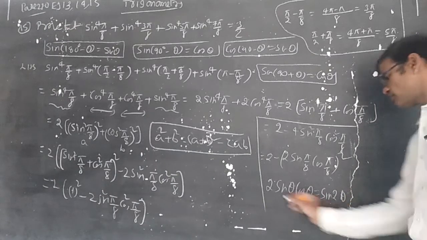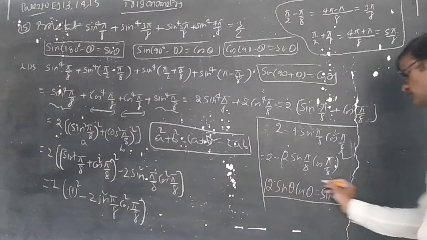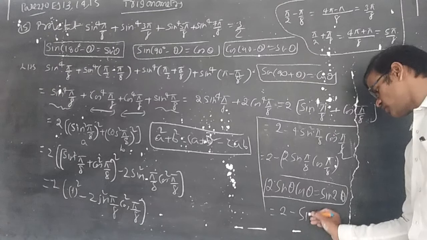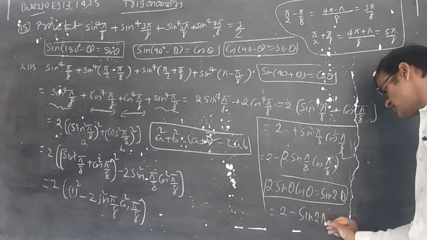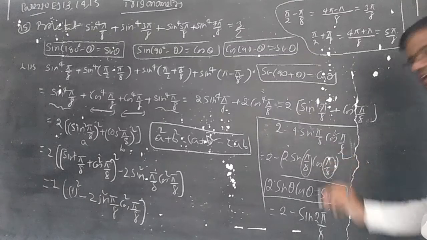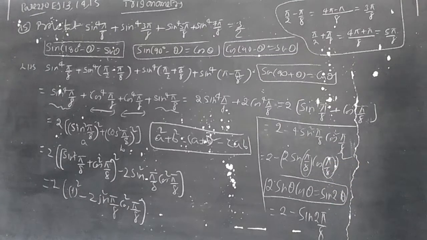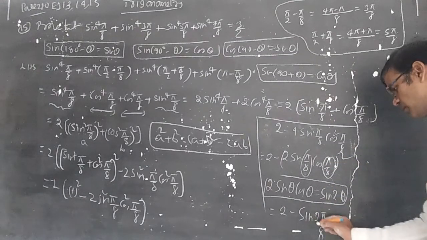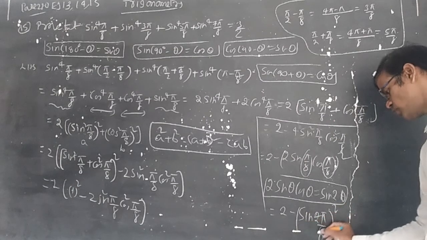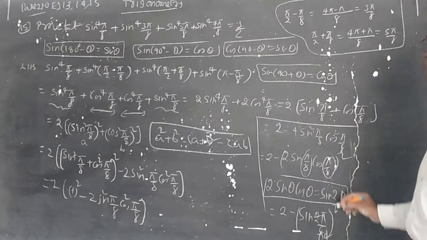In terms of A, 2 sin A cos A is equal to sin 2A, so that is equal to 2 minus. Now you can write this one as sin 2 into pi by 8, total whole square.